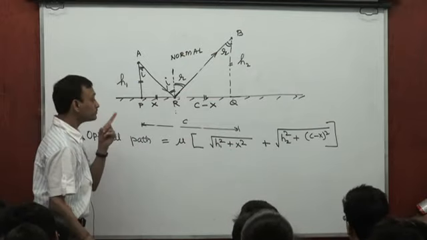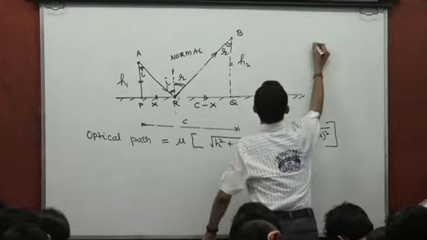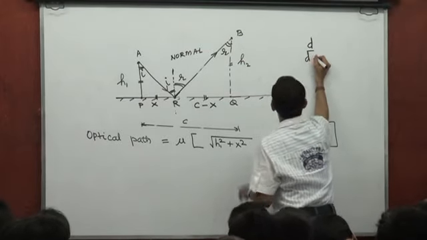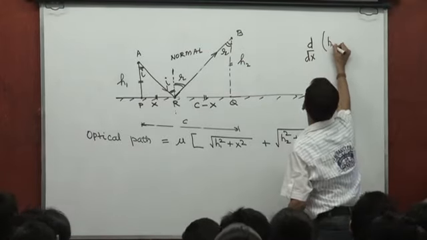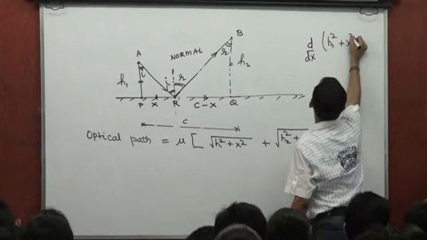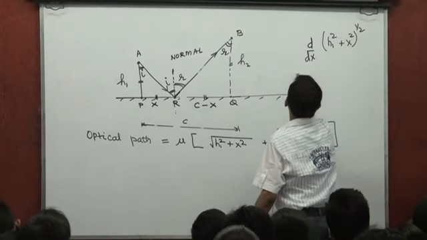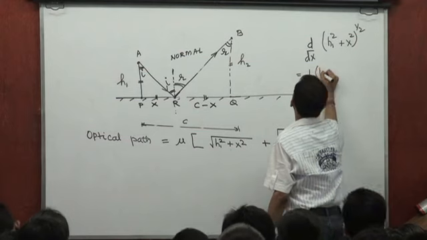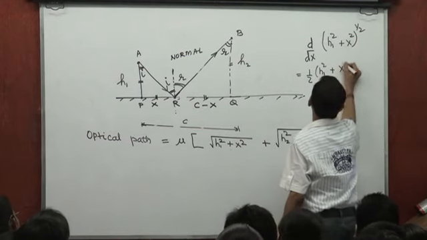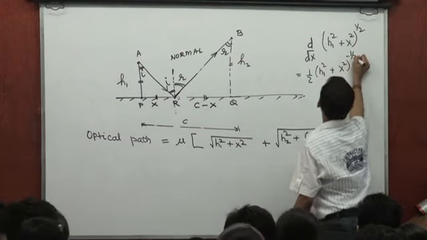Right? Now, even before I proceed, let me quickly tell you, ddx of root H1 squared plus X squared. What is it going to be? To the power half. That's going to be half of H1 squared plus X squared to power minus half, right?